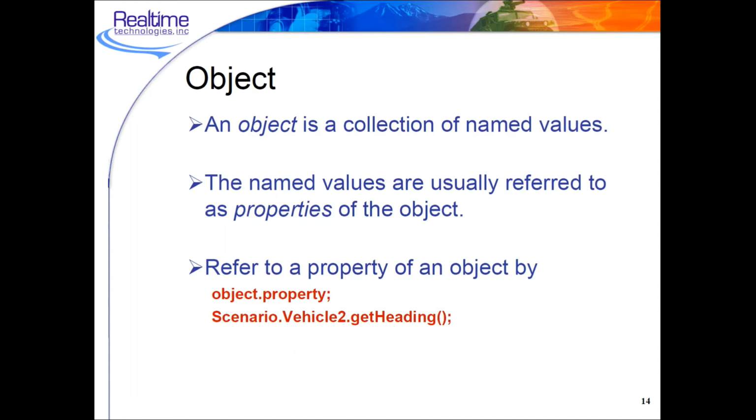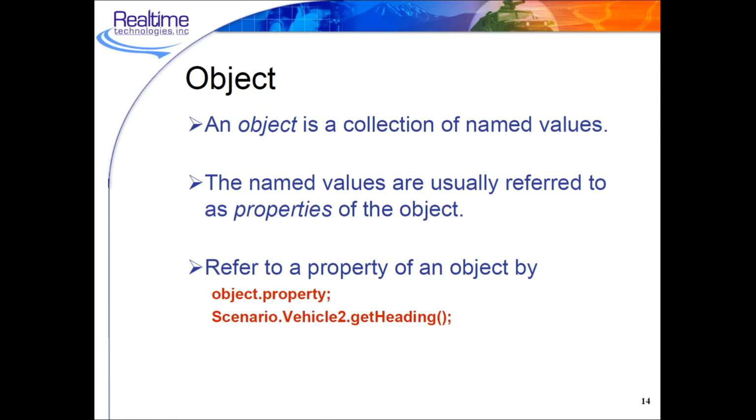An object is a collection of named values, and properties are usually the values inside of the object. In the example we have right here, we have an object and a property inside of that object, and below it is what we actually see in our SimCreator JavaScript. So scenario is our scenario component, and a property of that scenario component could be an ambient vehicle.